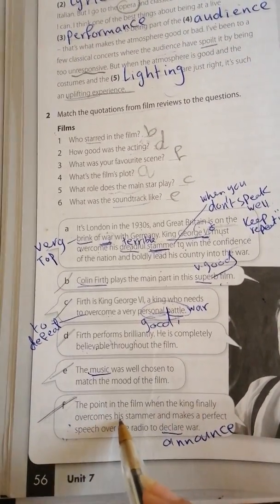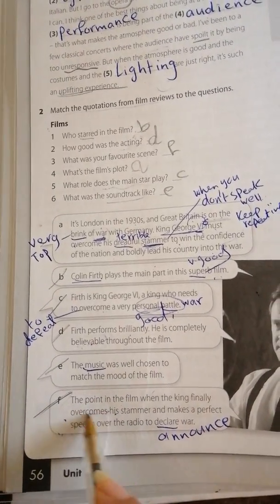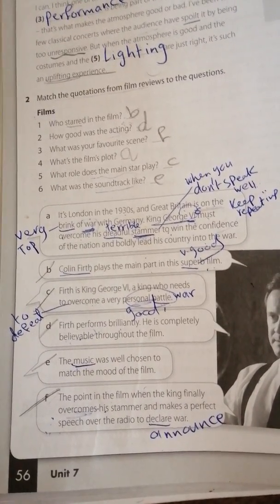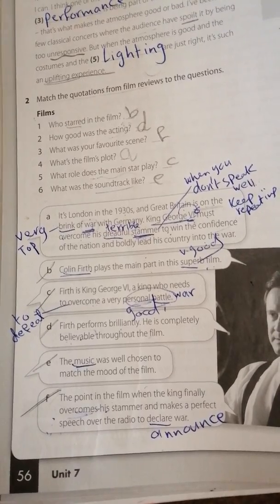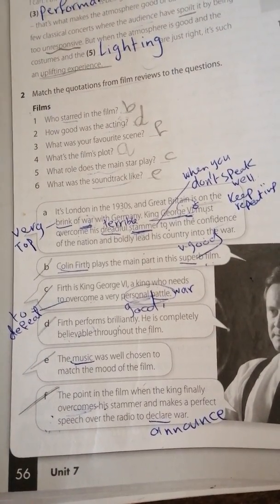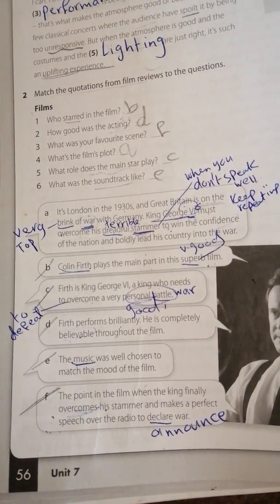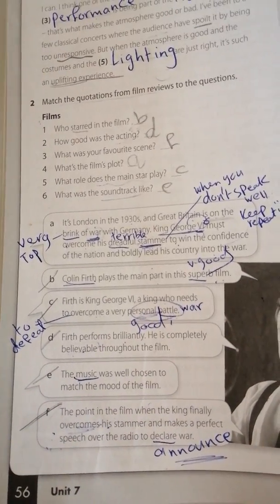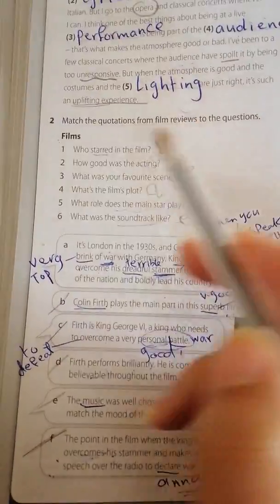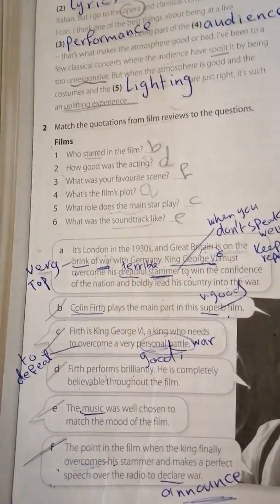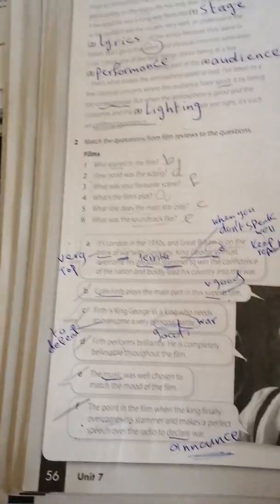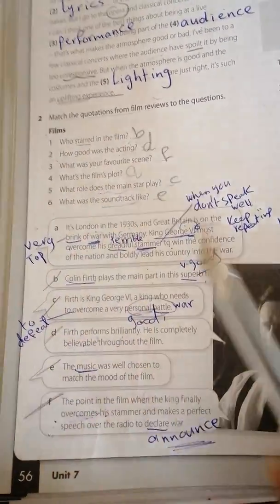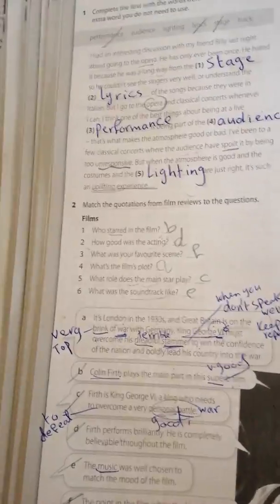And the scene actually is when the king finally defeats his stammer and he succeeded in giving a perfect speech to his people and to his nation. Declare, which means to announce the war. So F goes with 3. What was your favorite scene? I want you to match them with the quotations and do exercise 1.